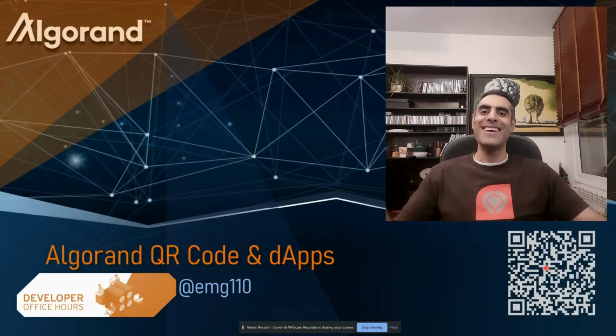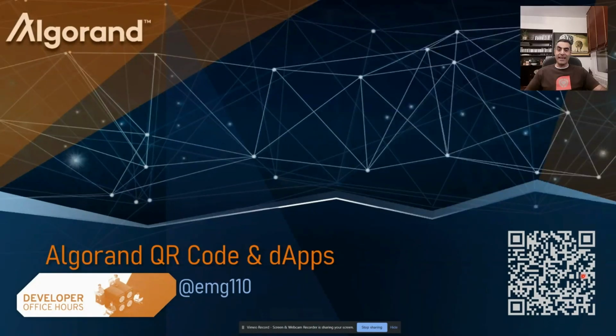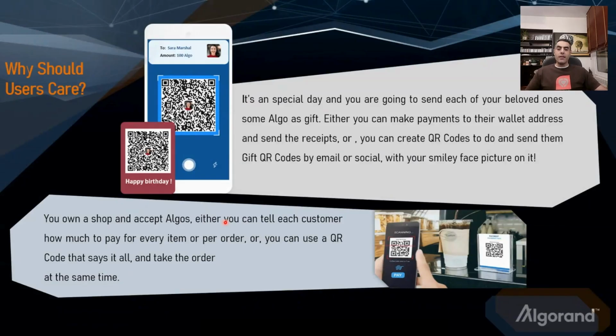This might come in handy. So let me give you some more examples of what exactly QR codes are and how we can use them. Think about some special day when you want to send some algos to your beloved ones. Either you can ask them for their wallet addresses and then send them some payments and send them some receipts, or you can do it with a QR code, put some smiley face picture in the middle of the QR code and send it to your beloved ones with a fixed amount of payment transaction. How does that sound?